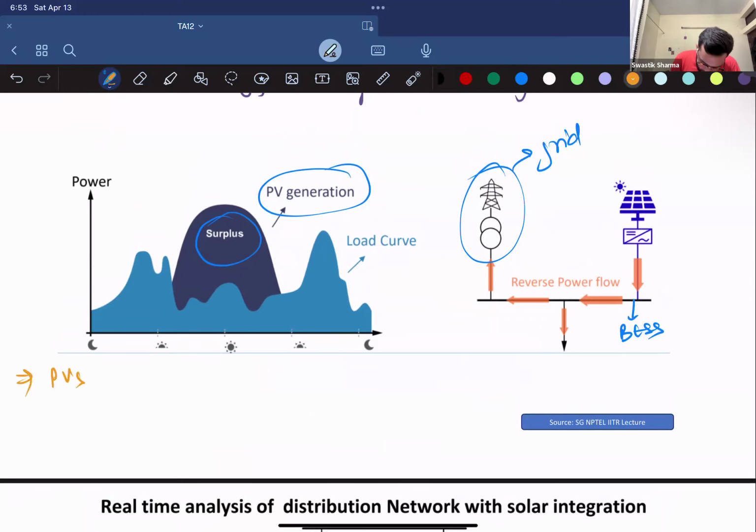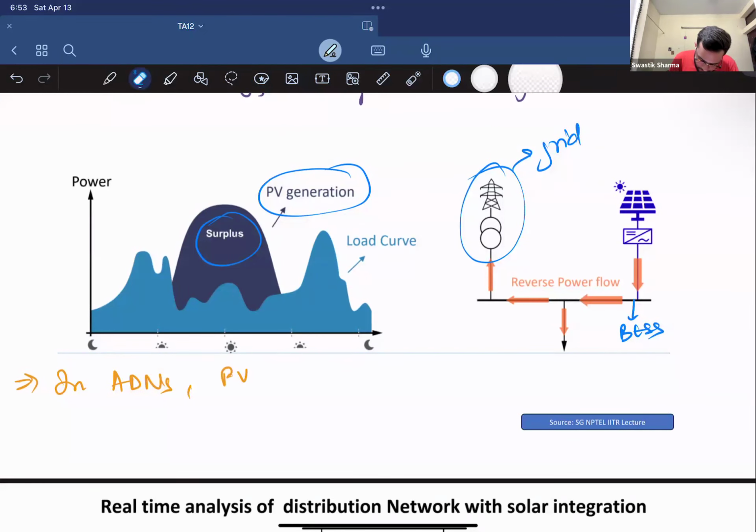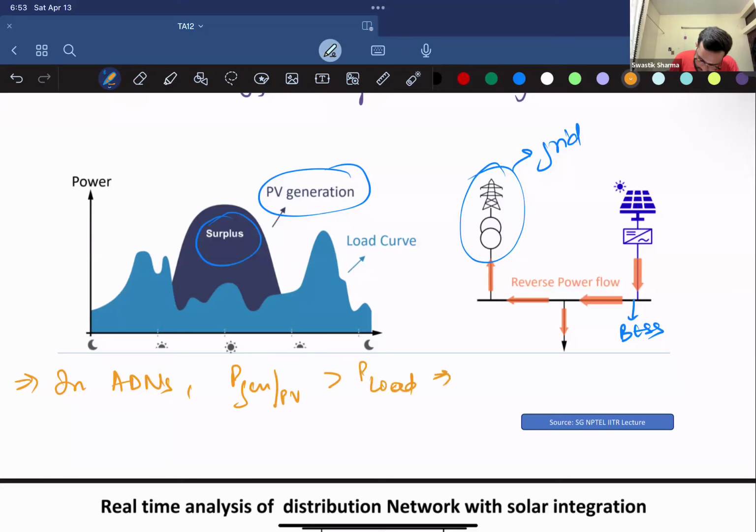So PVs, let's say in ADNs, or active distribution networks: if generation from PV, PGen,PV, is greater than P load, a condition of overvoltage arises, and if PGen is less than, sorry, P load, a condition of undervoltage arises.